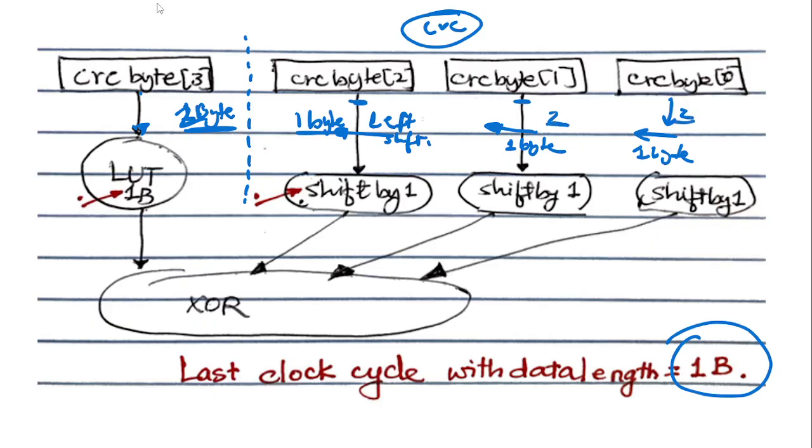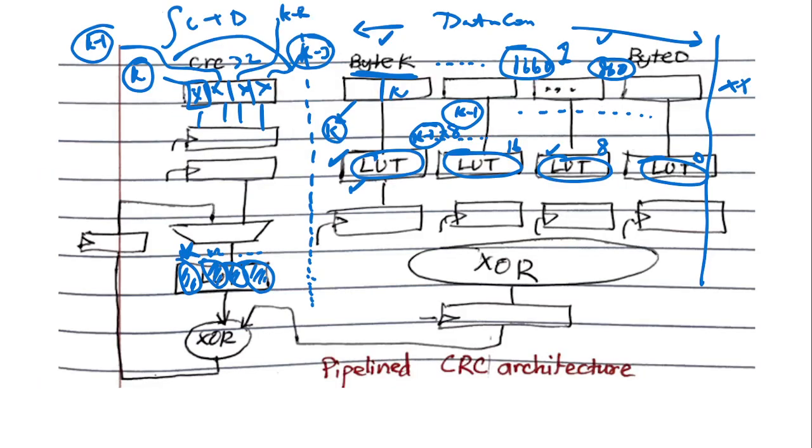So you have to keep in mind that the last clock cycle is a little bit more complicated. In that case, the data still follows the same pattern. If there's only 1 byte, you would just load that byte in byte 0, right? If there were 2 bytes valid, you would load them accordingly in byte 1 and byte 0, and so on and so forth.